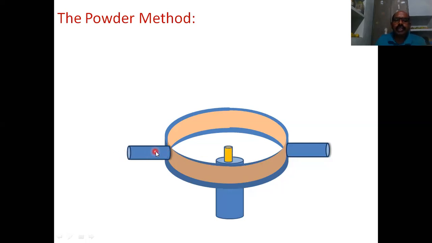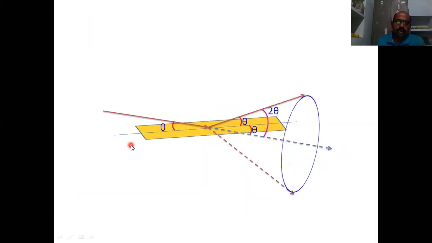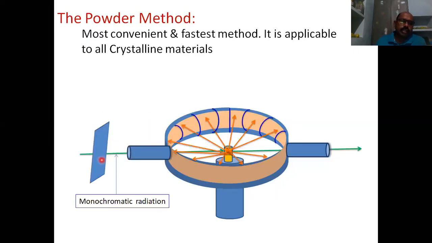Here we use monochromatic X-rays. Here we are seeing the filter. Whenever the X-ray passes through a filter, it becomes monochromatic, so we are using monochromatic X-rays.